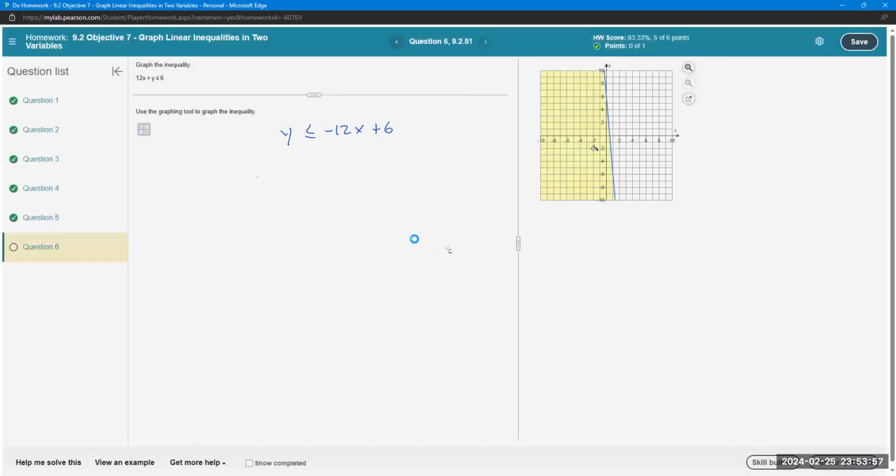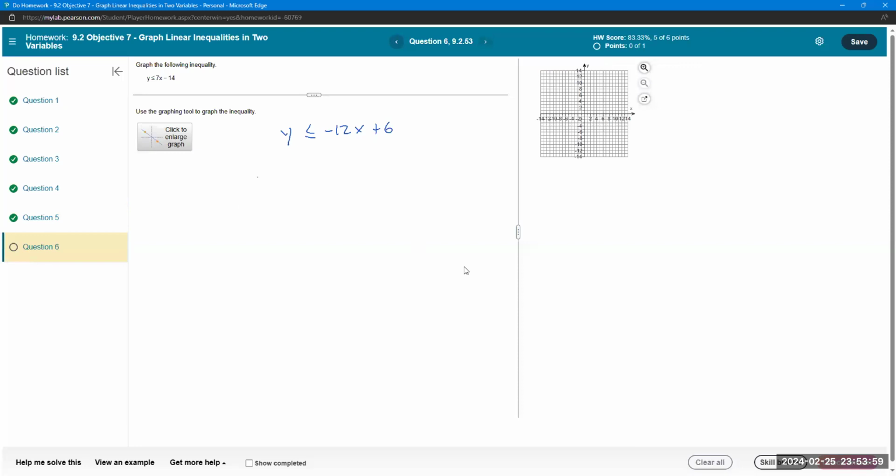All right. And then we've got one more problem here. And it is y is less than or equal to 7x minus 14. And we do have enough to use the slope-intercept model here. So let's go ahead and do that.